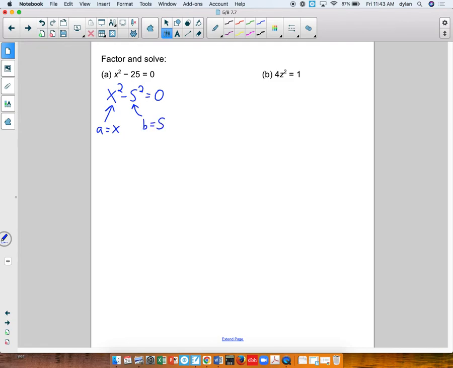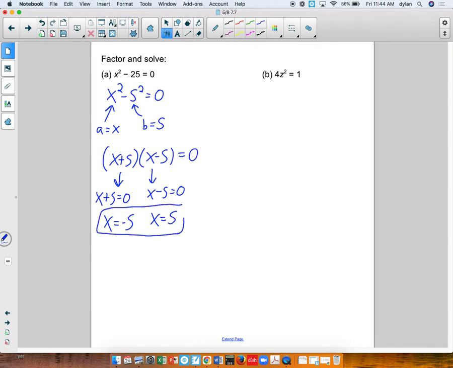And so then if I want to put this into a plus b times a minus b form, I would say x plus 5 times x minus 5 equals 0. And so then if I use our zero product property, x plus 5 equals 0, x minus 5 equals 0. So x equals -5 and x equals 5 would be the two solutions for this problem.